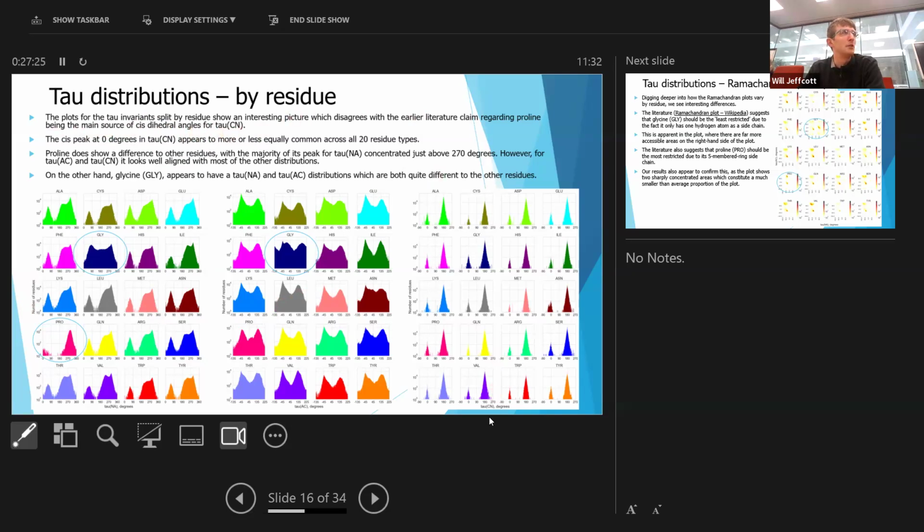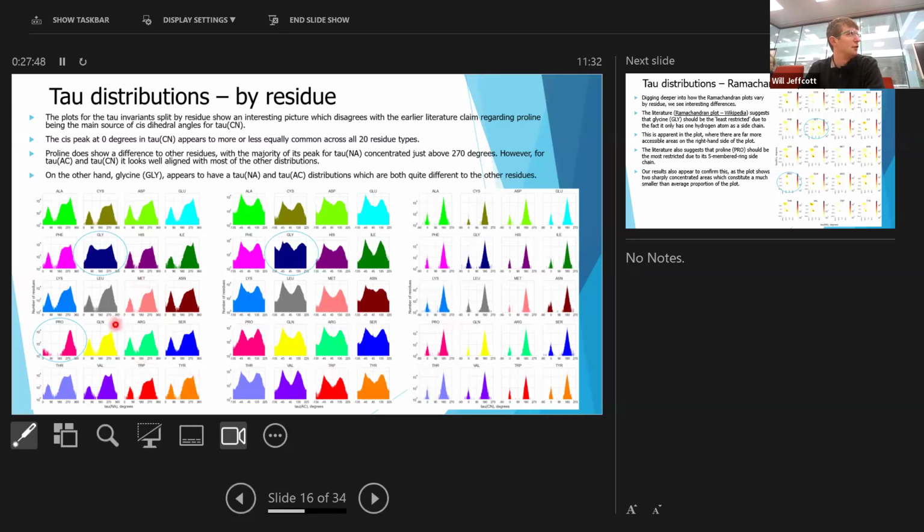That is this plot on the right. If we look at the distribution for proline, the pink one here, the two spikes aren't really out of line in their relative proportions compared to everything else. So we don't see a peak of any particular interest there.